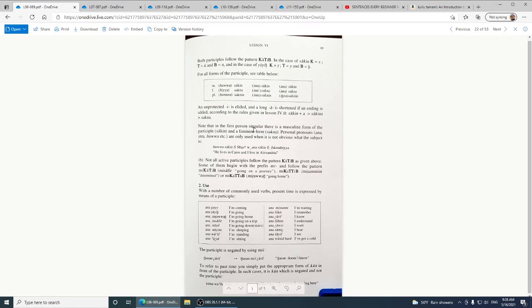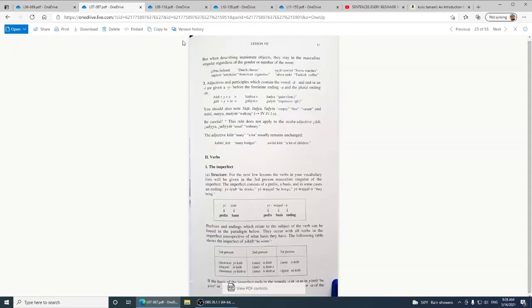The second section, the next topic, is the imperfect. Lesson 7 starts explaining how to form the imperfect verbs. What are the prefixes? What are the suffixes?